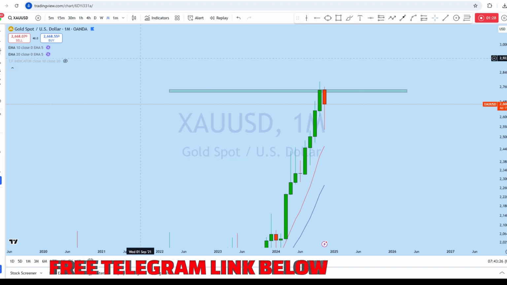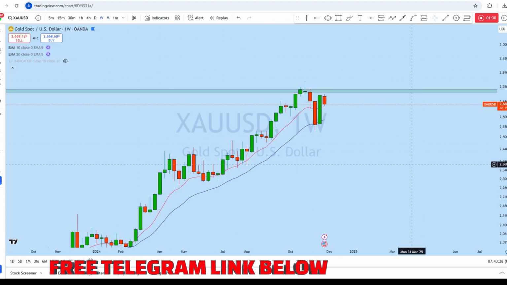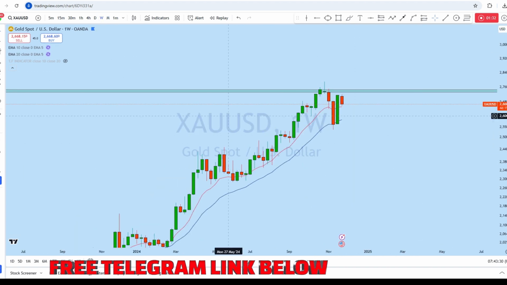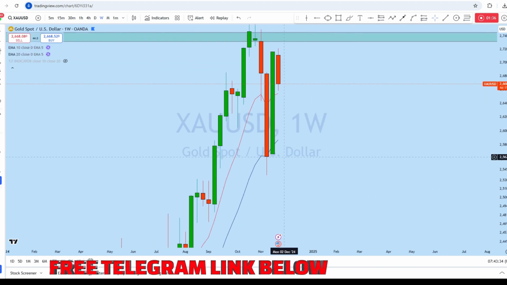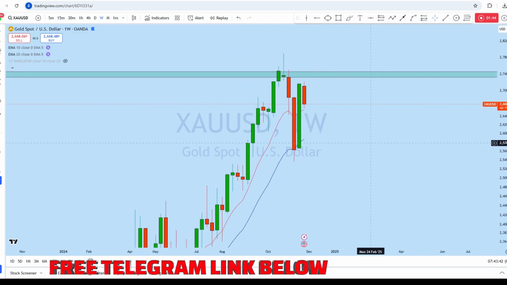So let's see now from the weekly perspective what kind of opportunity we might have. The previous weekly candle has no wick on either side, if we look at the low and high, which can be a false breakout to the upside, as this kind of candle is more often used as a fake-out candle.